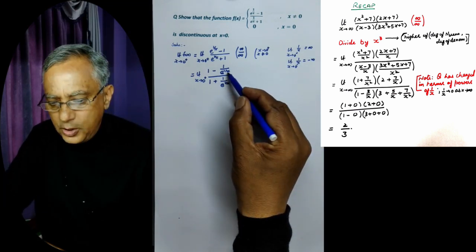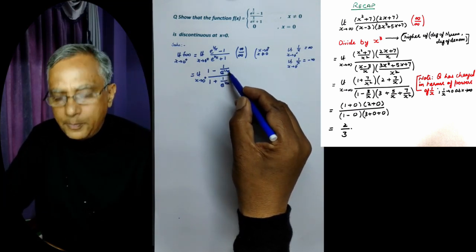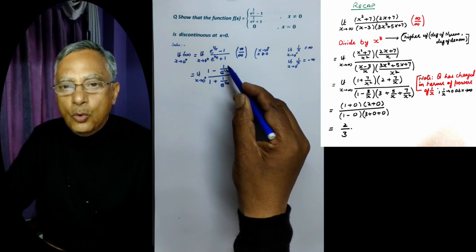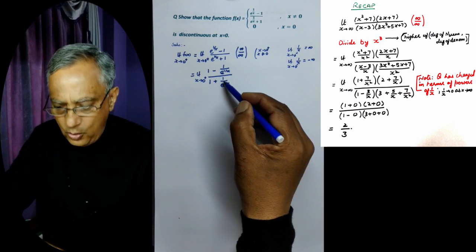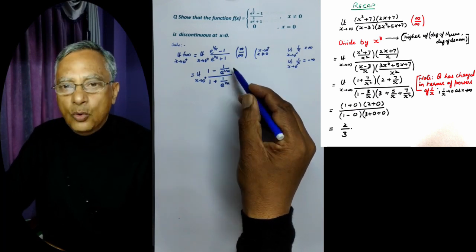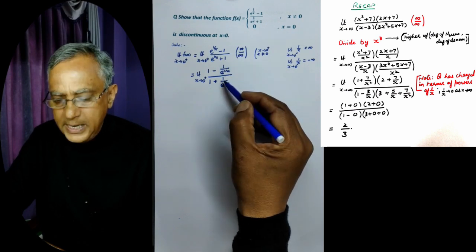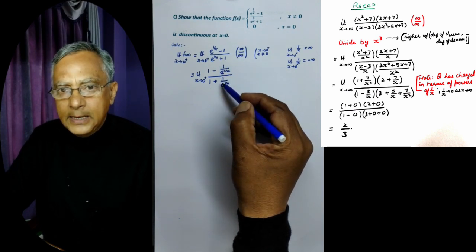Now as x approaches 0 from the positive side, this will be e to the power of infinity. So 1 over e to the power of infinity will be 0, so 1 over infinity will be 0 and this will again be 0. So this infinity by infinity, which is an indeterminate form, has been removed and we will get the answer.